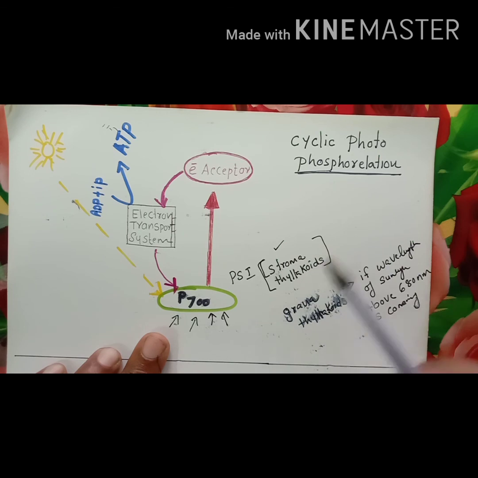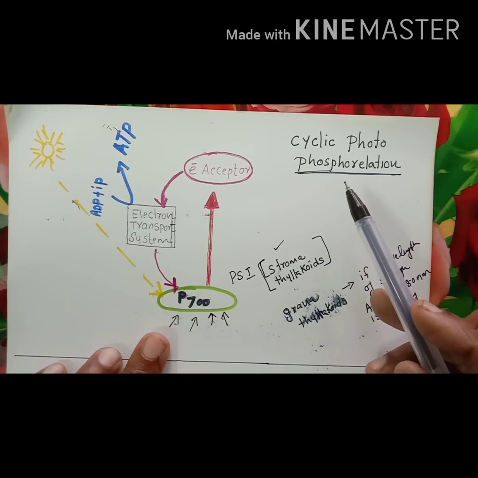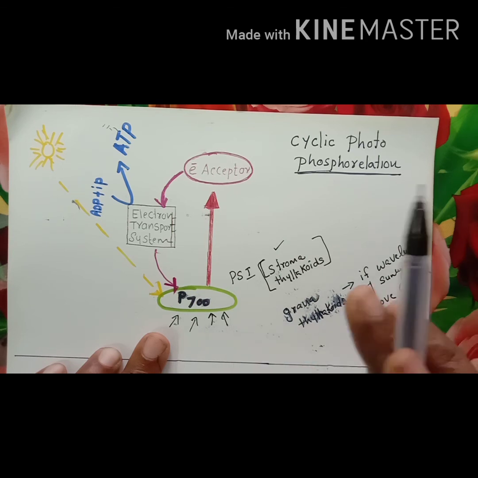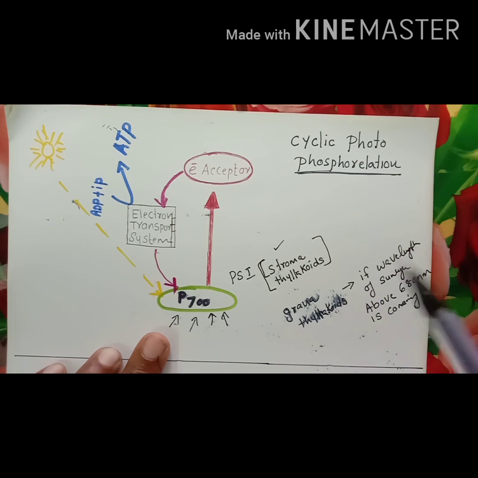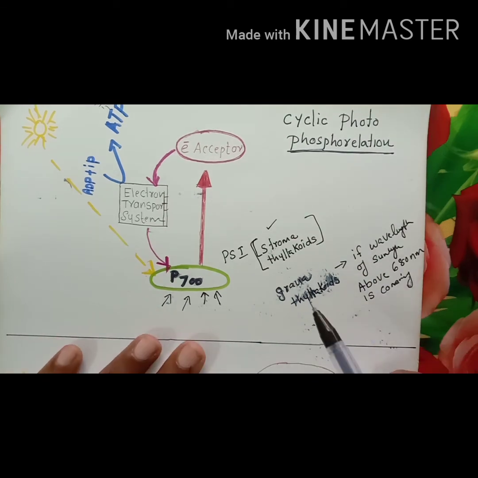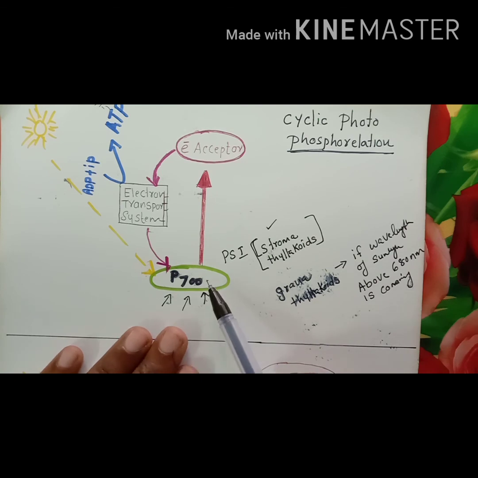In stroma thylakoid only cyclic photophosphorylation occurs, because in stroma thylakoid PS2 is absent. So there is only one chance, which one? Cyclic photophosphorylation. And in grana thylakoid also cyclic photophosphorylation occurs when sunlight above 680 nanometer is coming, PS2 cannot become excited, so PS1 becomes excited.